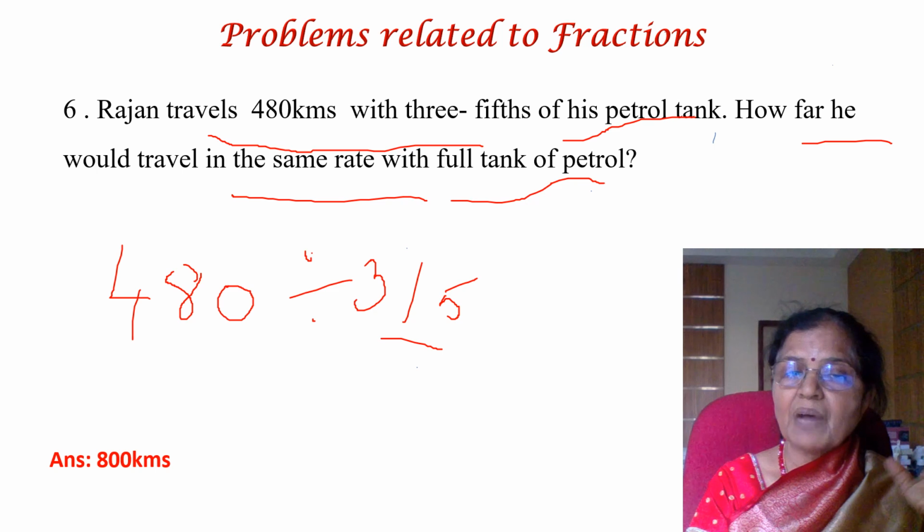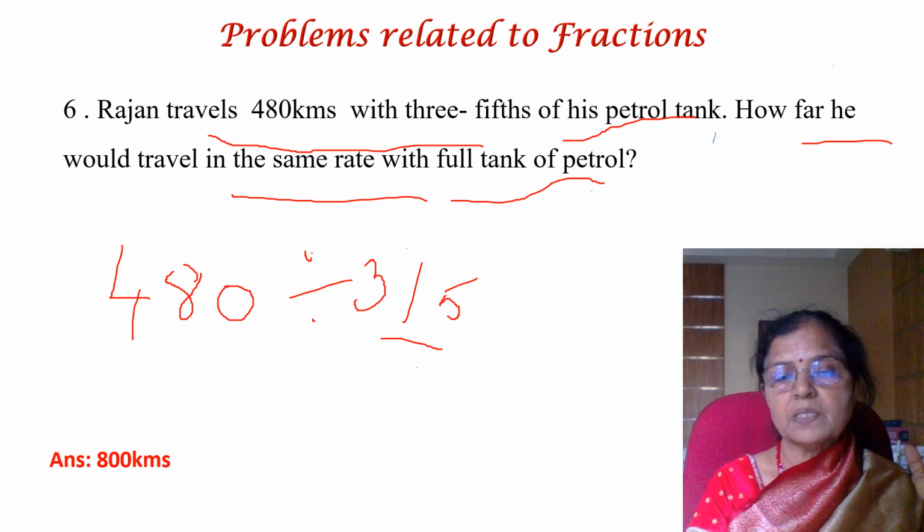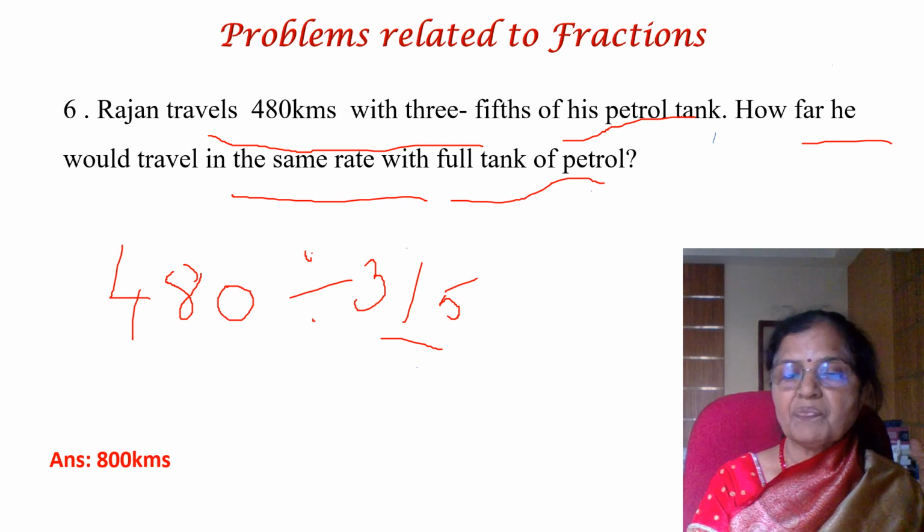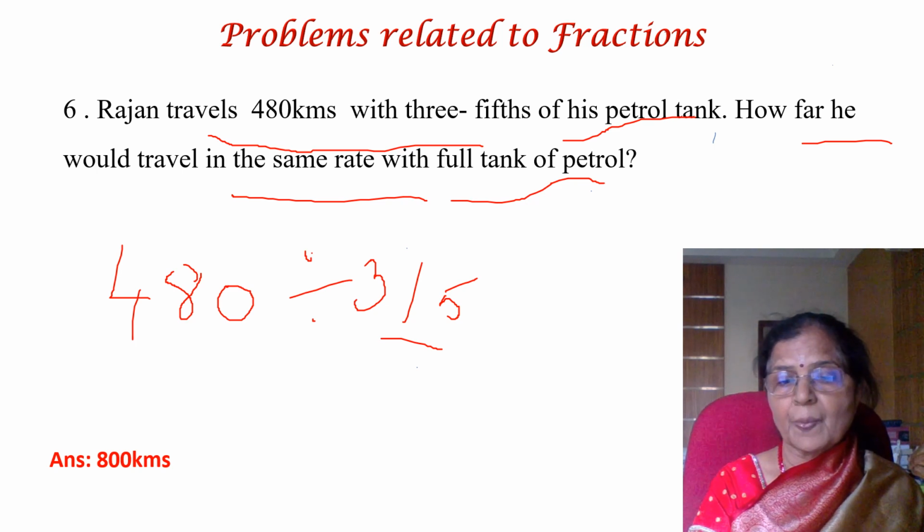So you are going to divide 480 kilometers by 3 by 5 in order to find out what is 3/5 of a tank. Okay. So always in that one full, that is why we are dividing by 3 by 5. We have to find out one full, which is 5 by 5.